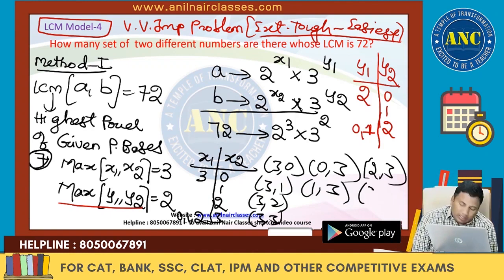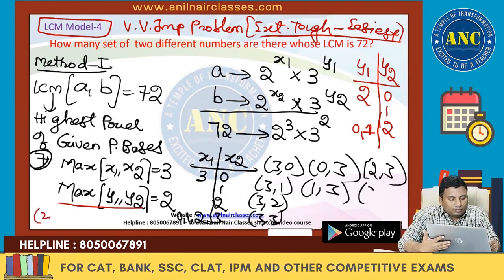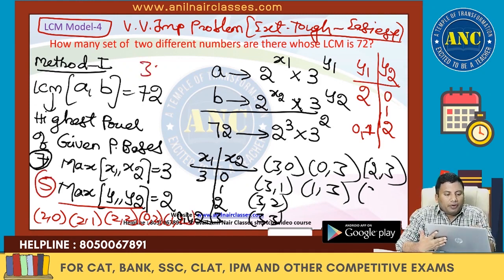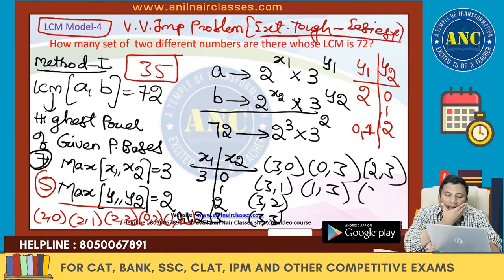Method 1 is a time consuming method. 2, 0, 2, 1, 2, 2, 0, 2, 1, 2. How many values? 5. 7 into 5, the answer is 35 values.